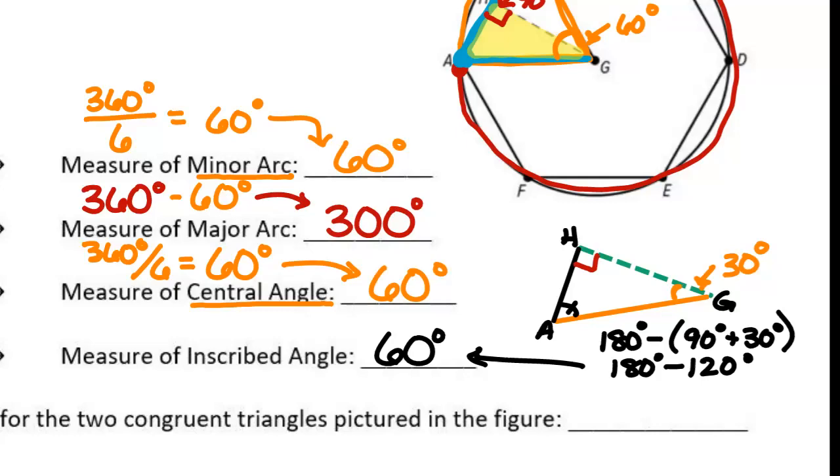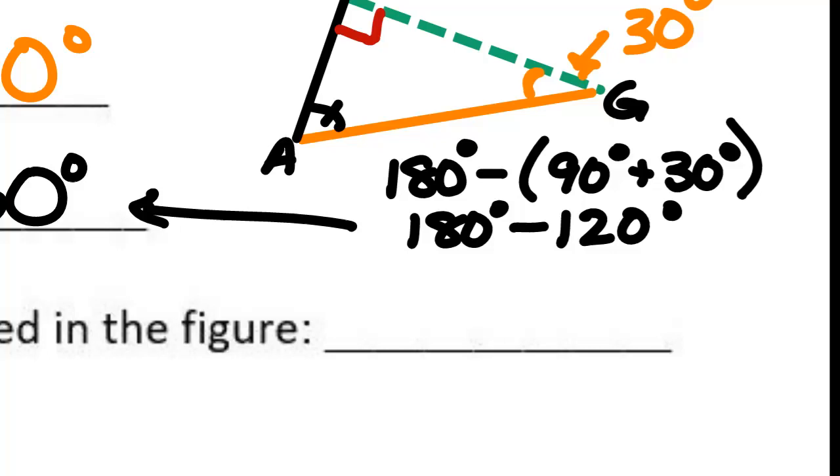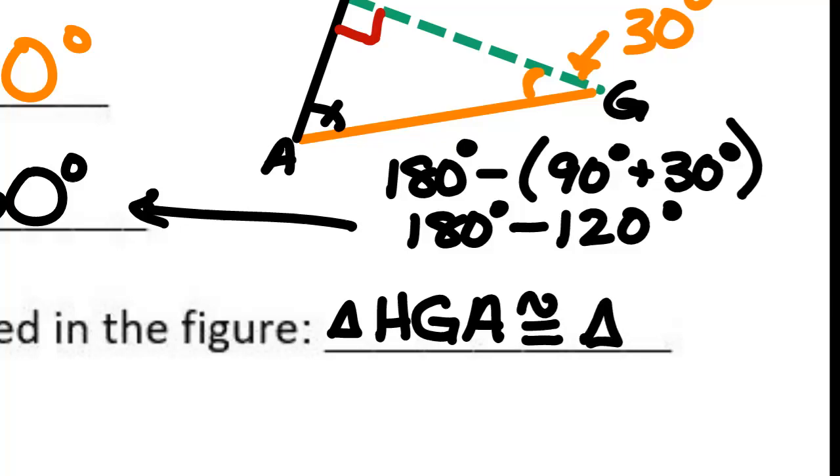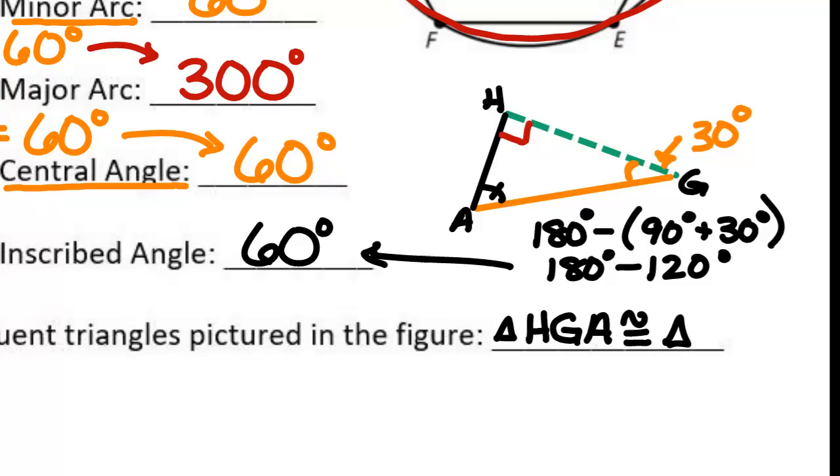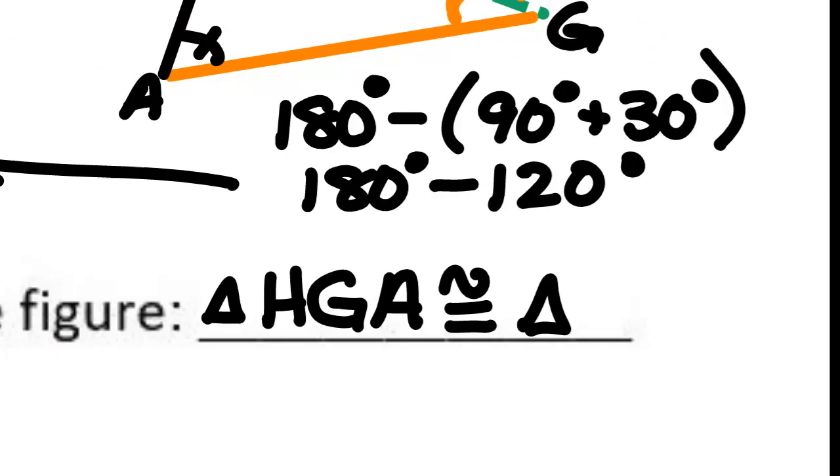You said HGA? That's the one that I heard first, so let's go with it. Triangle HGA is congruent to triangle. This angle H on the highlighted yellow triangle would be congruent to what angle on that top not highlighted triangle? H. 90 degrees on the bottom, 90 degrees on the top, because it makes a straight line there. So H goes first.